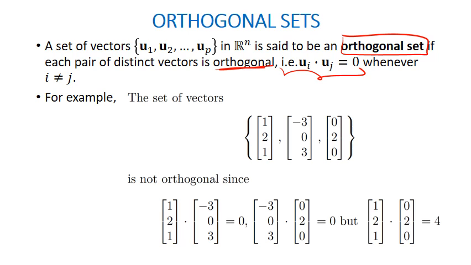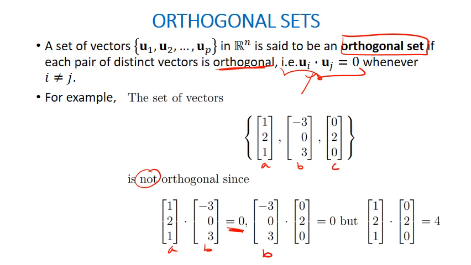So, for example, if I have this set of vectors, let's just call this A, B, and C for simplicity's sake. This set of vectors is not an orthogonal set because if I take the dot product, or the inner product, A dot B gives me a dot product of 0.